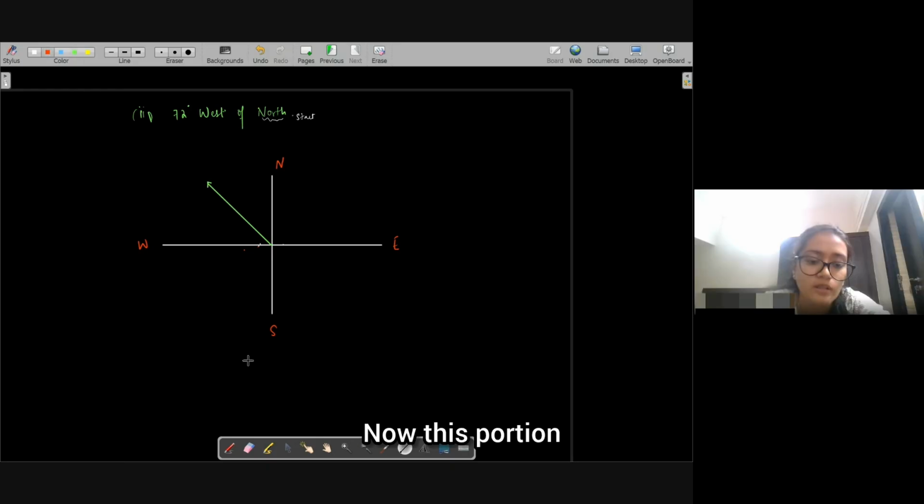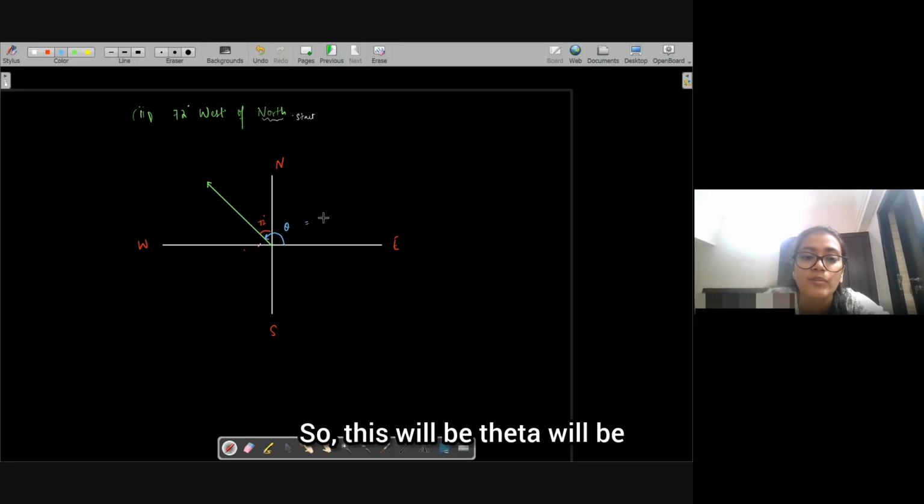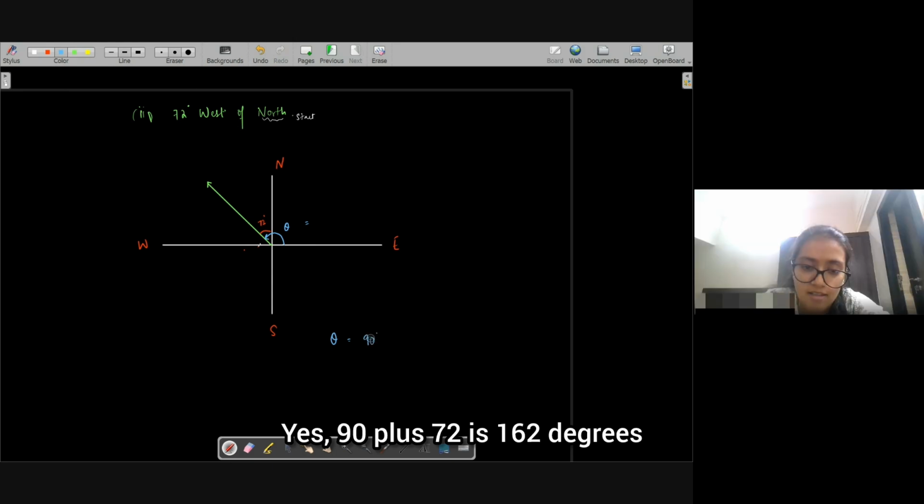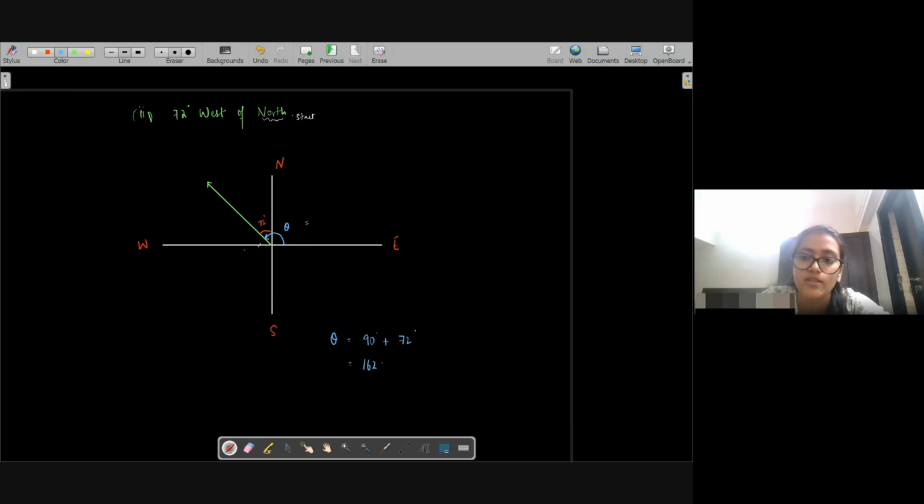Now this portion is 72 degrees, and actual theta is going to be this entire angle. This portion is 90, so 90 plus 72 is 162 degrees.